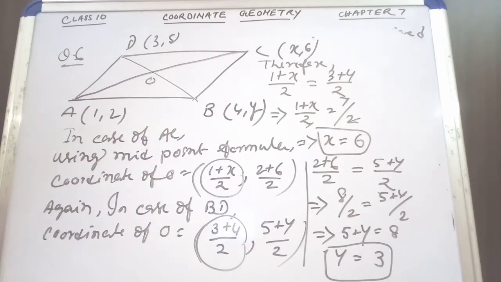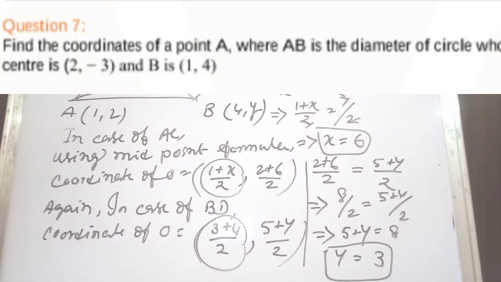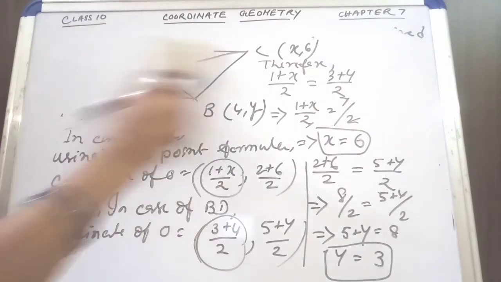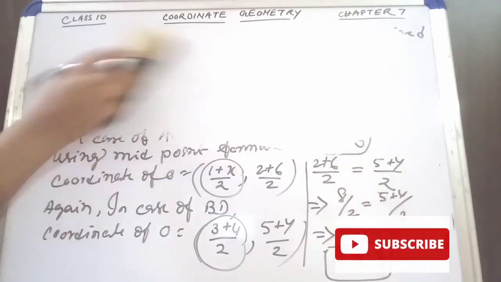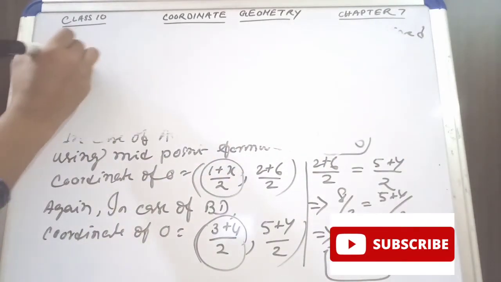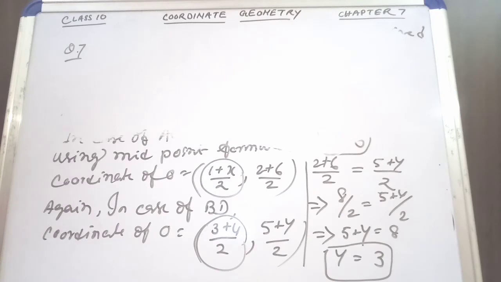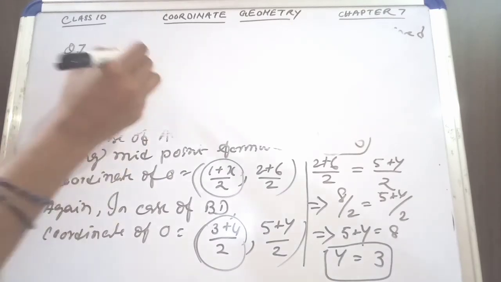Now the last question in this session, that means question number 7. Find the coordinate of a point A where AB is the diameter of a circle whose center is 2, minus 3 and B is 1, 4. So what's the given condition? Find the coordinate of a point A where AB is the diameter of a circle.